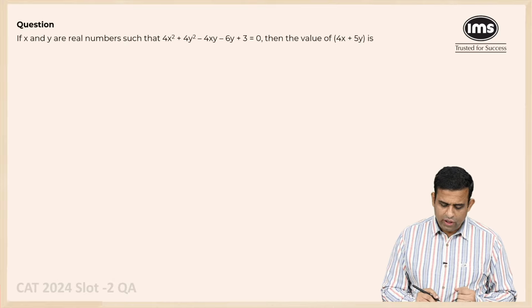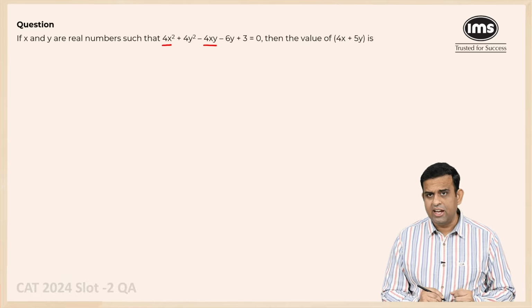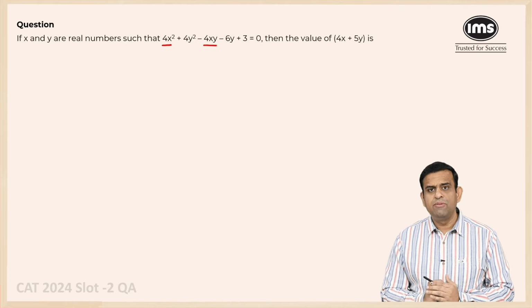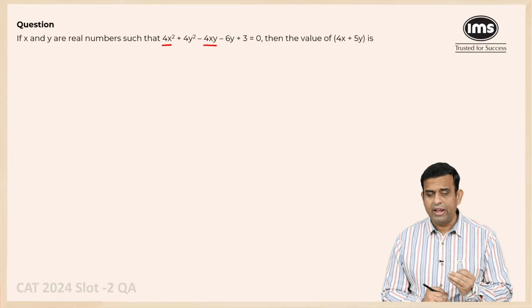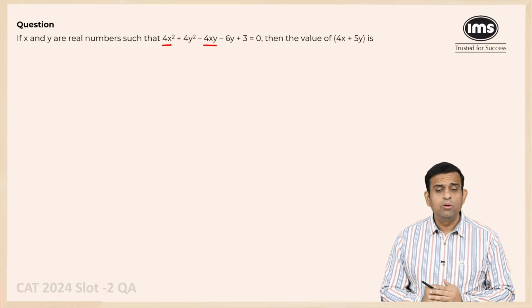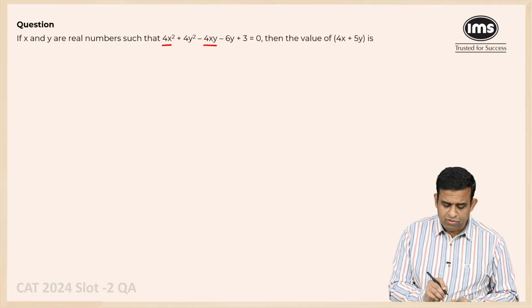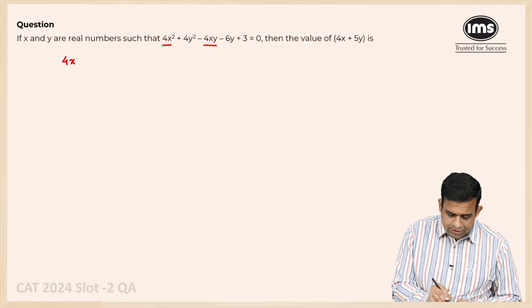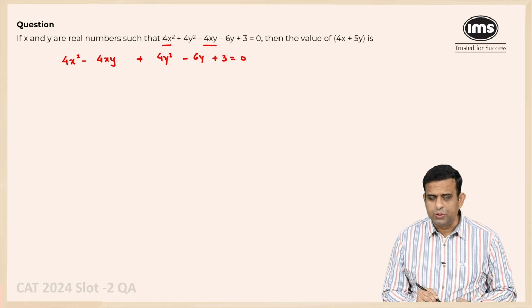So here, do we have any term involving x? The answer is only two terms involving x, and we have three terms involving y: 4y square, minus 4xy, minus 6y. In this kind of problem, balancing is very important. Let's write down the terms involving x first: 4x square minus 4xy plus 4y square minus 6y plus 3 equals 0.